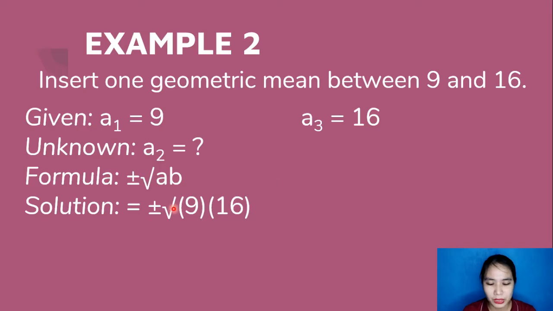By substitution, we have positive negative square root of our a again is 9, and our b will be 16. Simplifying this, 9 times 16 is equal to 144. Getting the square root of 144, this will be equal to positive or negative 12. So therefore, our geometric mean here will be positive or negative 12.